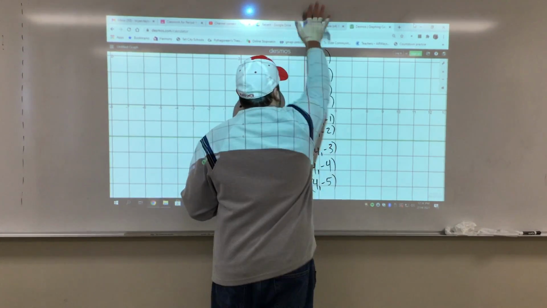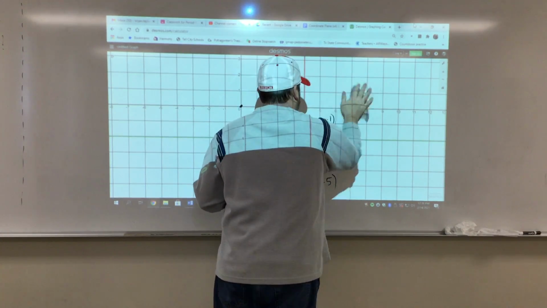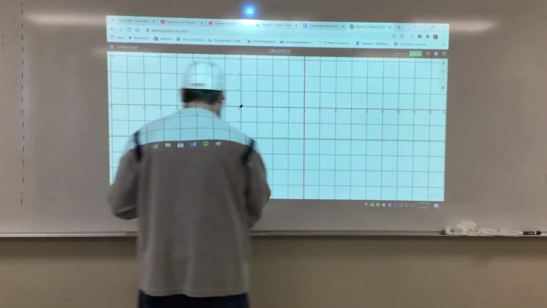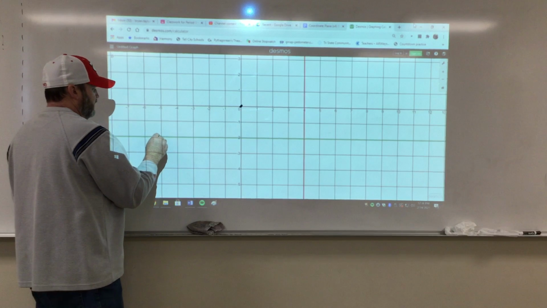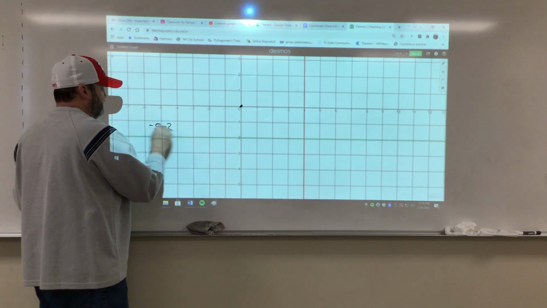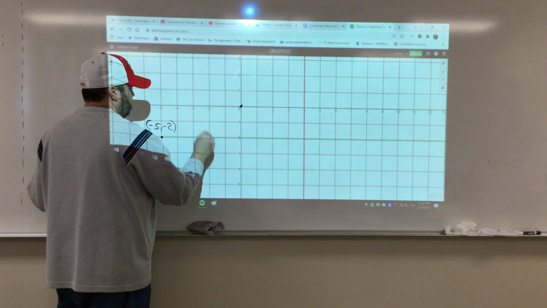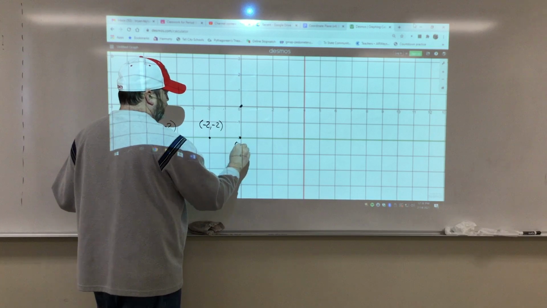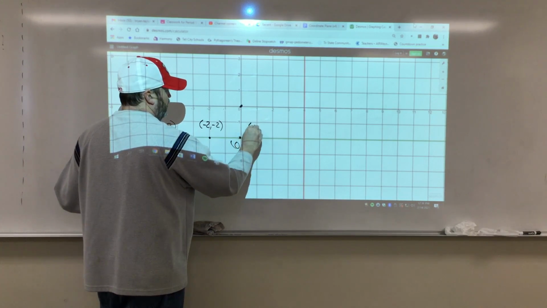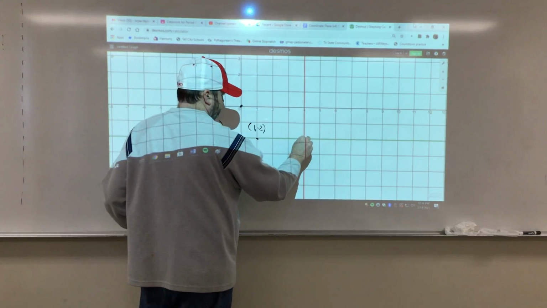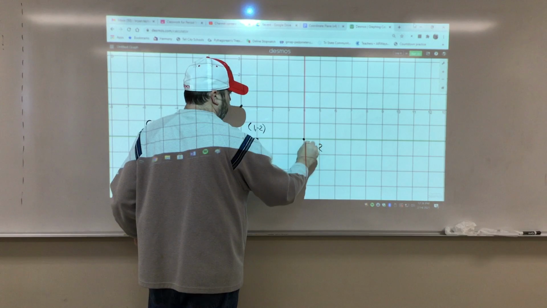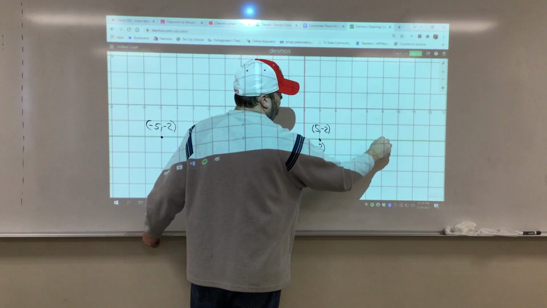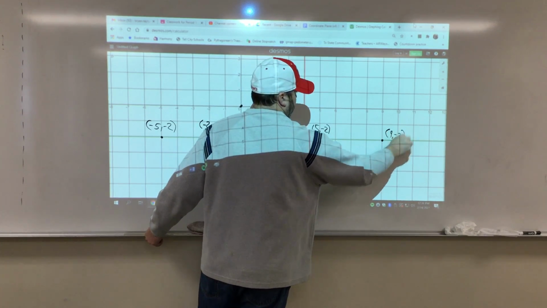I'm going to do the same thing on this green horizontal line. You can probably predict what is about to happen. I'm not going to plot every single point, but here we have (-5, -2), (-2, -2), (0, -2), (1, -2), (4, -2), (5, -2), (9, -2).